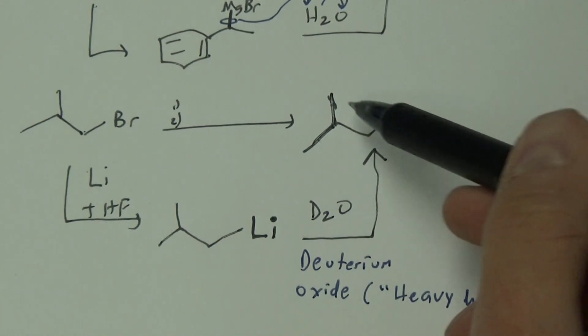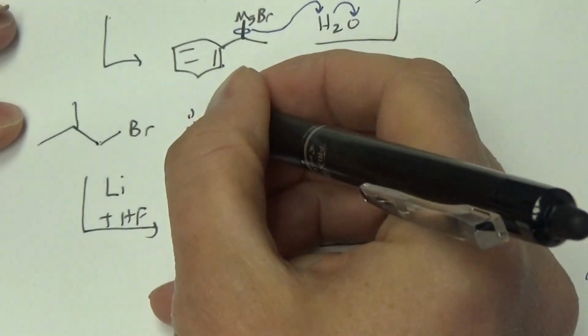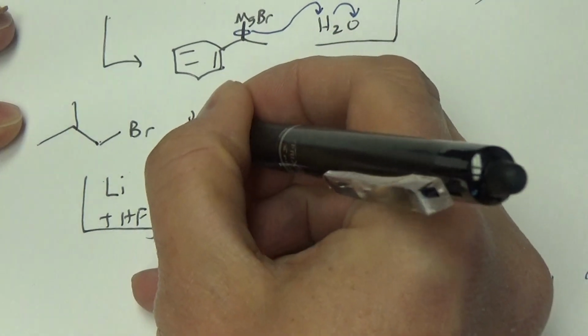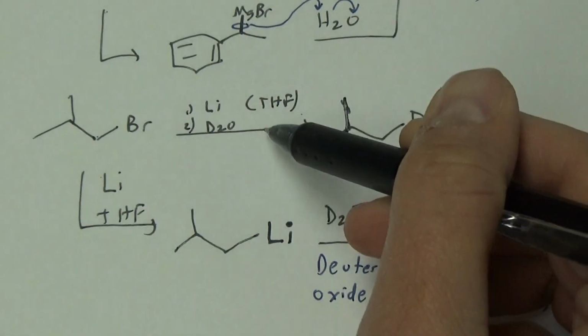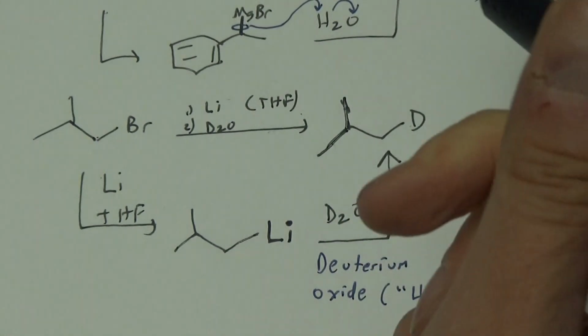I'm not going to get into that. Okay, so what's step 1? What's step 2? Lithium, THF in parentheses, D2O. THF is the solvent you use. Sometimes we skip the solvent. So basically lithium and D2O. All right, cool.